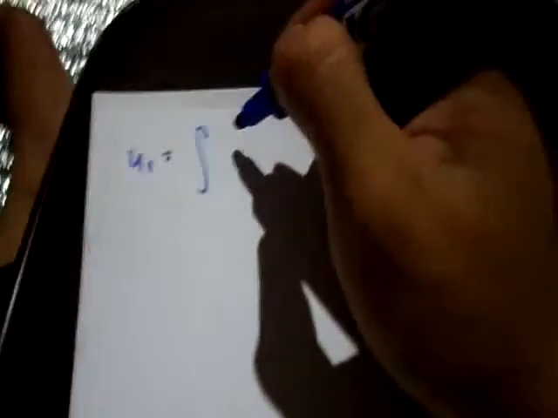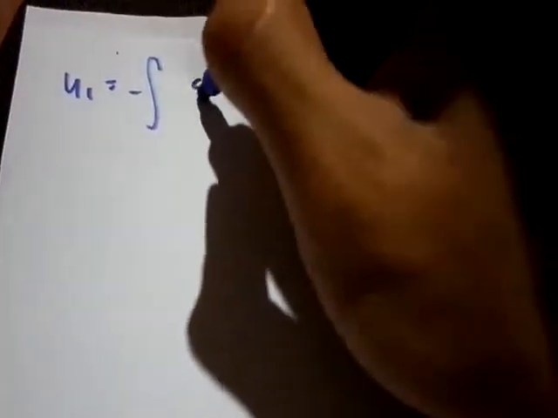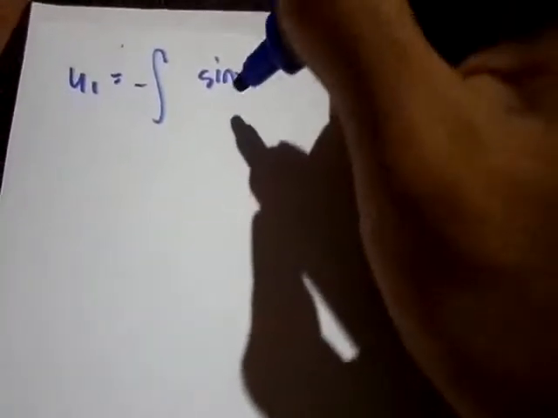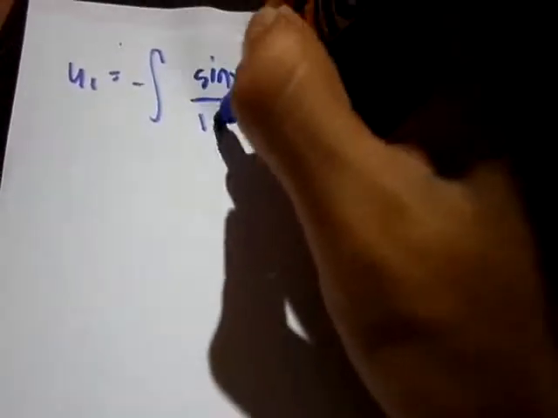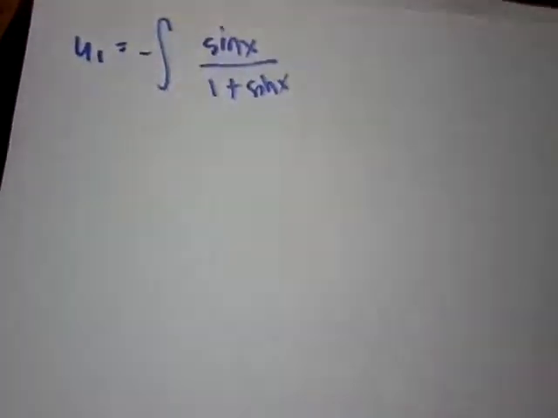So our u1 is equal to the antiderivative of negative sine x over 1 plus sine x.